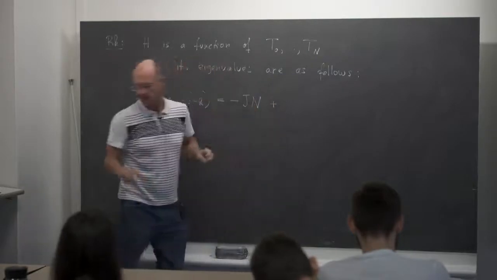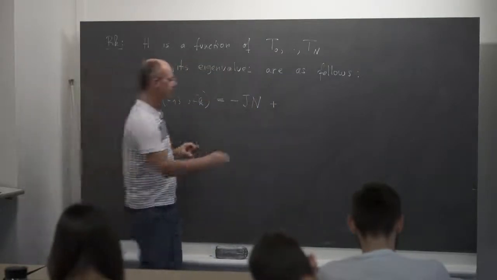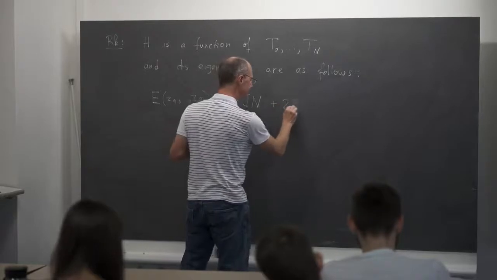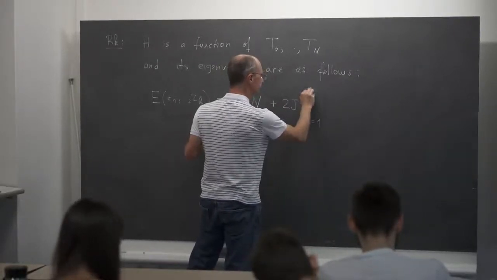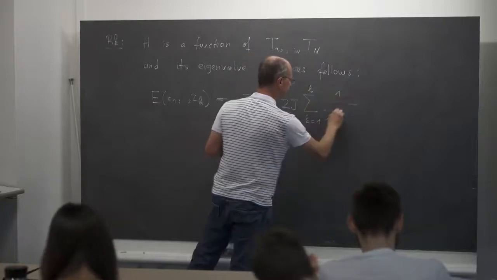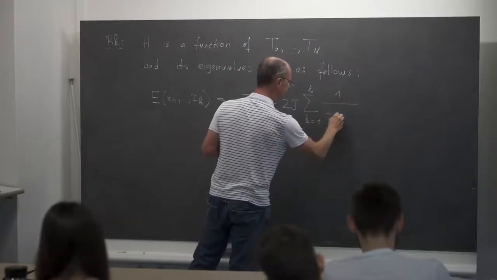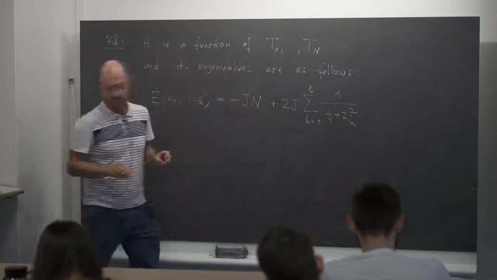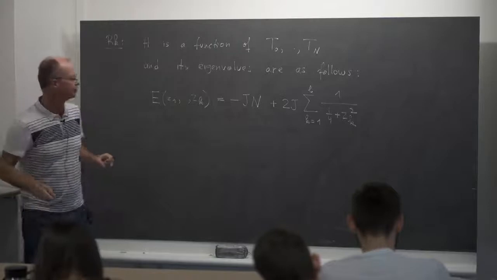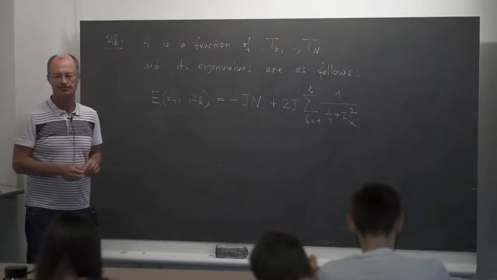And then the k-dependent part is as follows. So it turns out to be a rather simple formula.